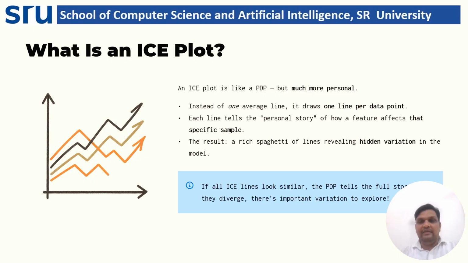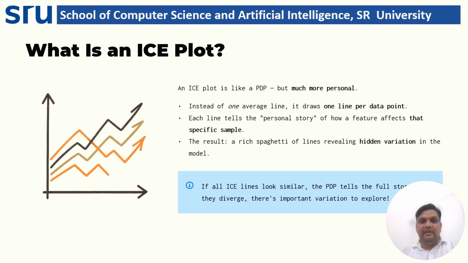An ICE plot is like a PDP but much more personal. Instead of one average line, it draws one line per data point. Each line tells the personal story of how a feature affects that specific sample.